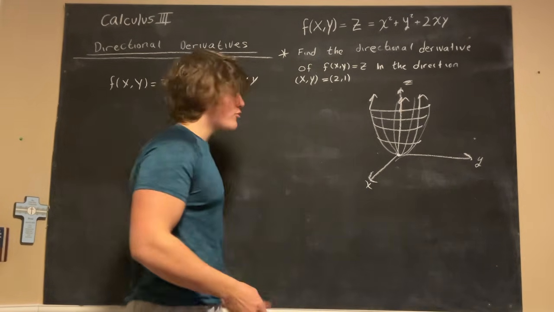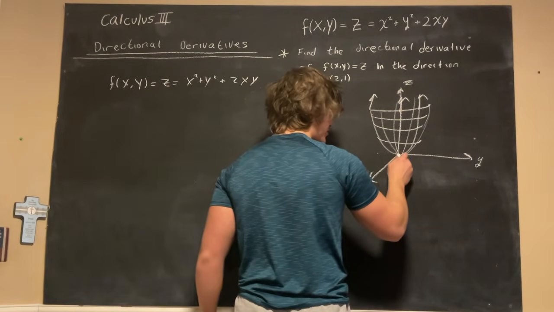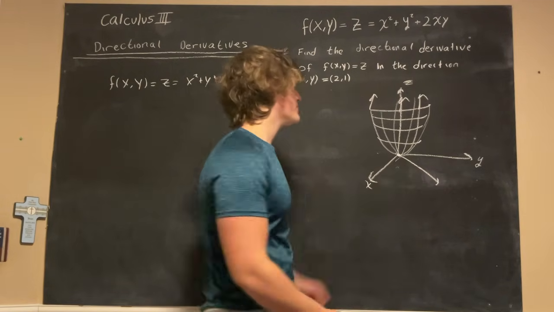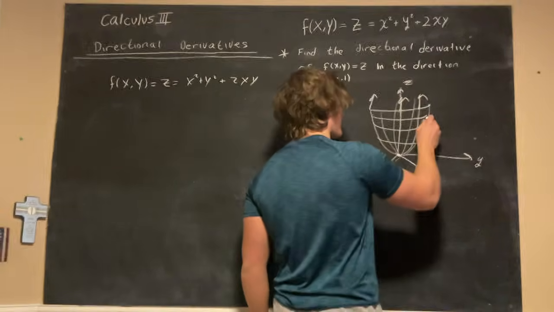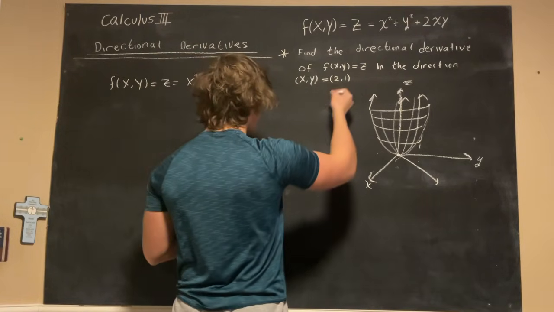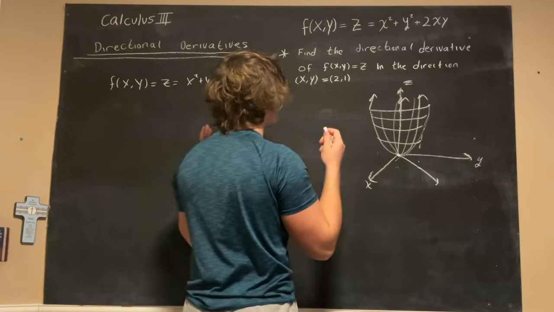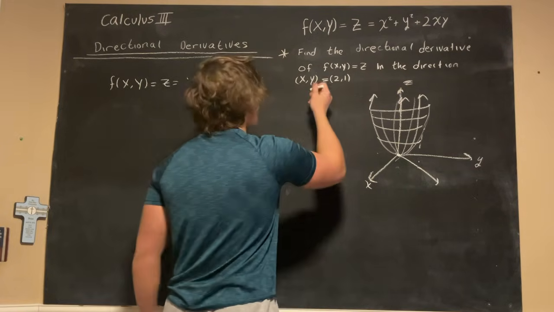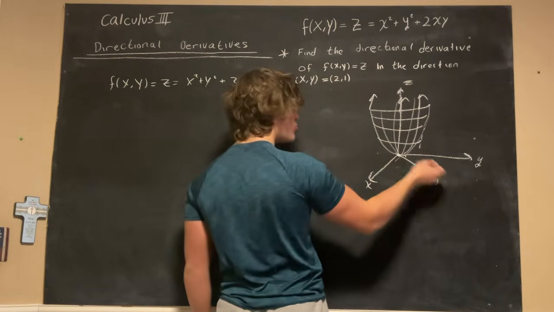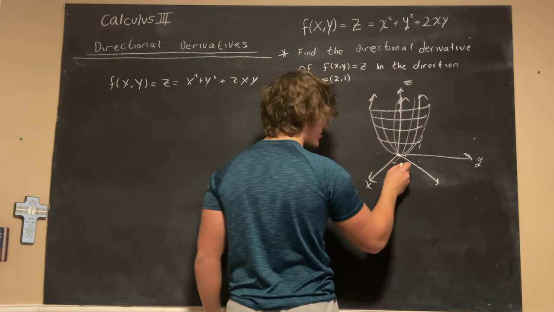Now we are looking for the derivative of this function along a line this way. So we are looking for the partial derivative of this function along the line represented by 2, 1. So for every one movement in the y direction, there are two movements in the x direction.